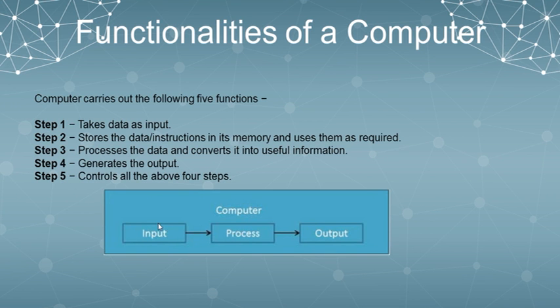Whatever data that particular computer gets, it processes it, it understands what it actually is. If it is my voice, a character, a letter, it will process it, how to store it in RAM, how to store it further in the hard disk, etc. And then it will give the output in the form of characters, displayed through the visual display unit, or through sound also.